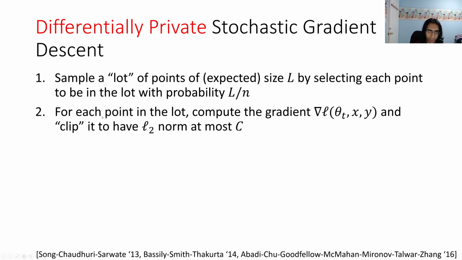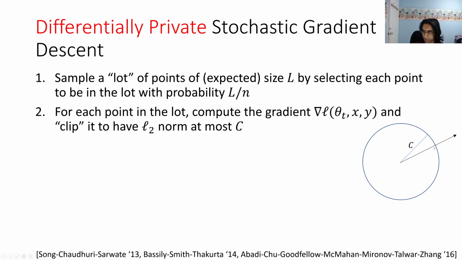And this is kind of the key, most instrumental part. So what we're going to do is, for each point in the lot, compute the gradient. This is exactly what we did before. But the difference here is now, like I said, before these could have been arbitrarily large. And so what we're going to do is clip our gradients in order to have L2 norm at most C. So as an illustration, here's this ball I drew earlier, which is a ball of radius C, and suppose we have some gradient vector which is bigger than this.